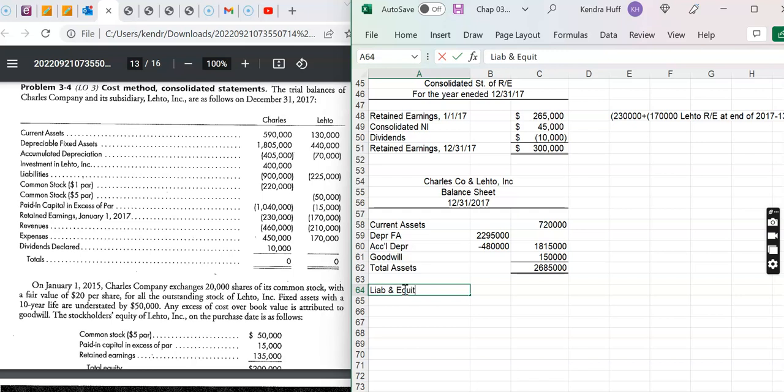Liabilities and equity are next. They just have liabilities. Liabilities of 900, 225.